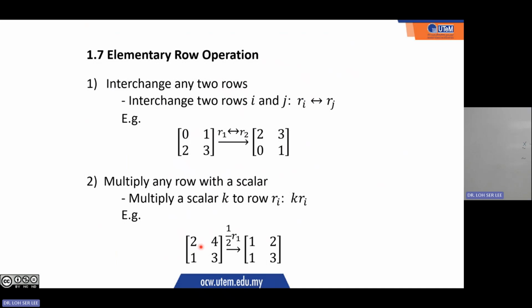So we multiply row 1 by 1/2, meaning all row 1 entries are multiplied by a half. You get 1, 2 as a result, and no changes on row 2. This is the second type of operation.